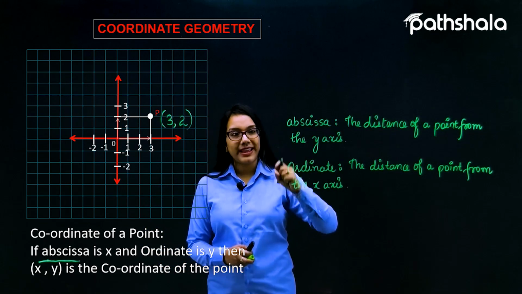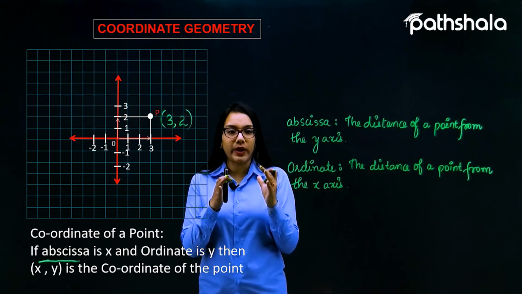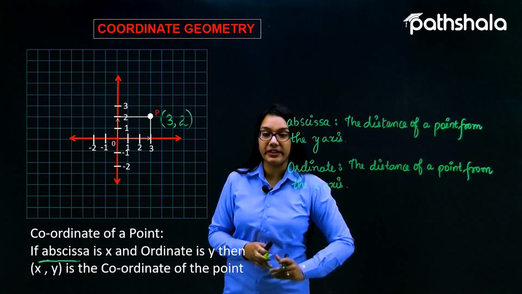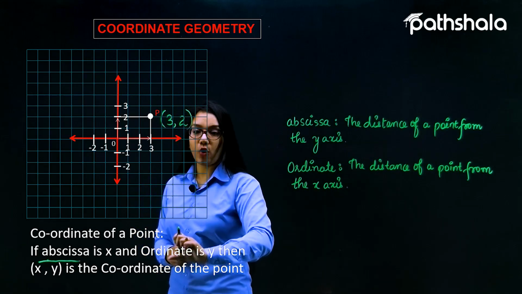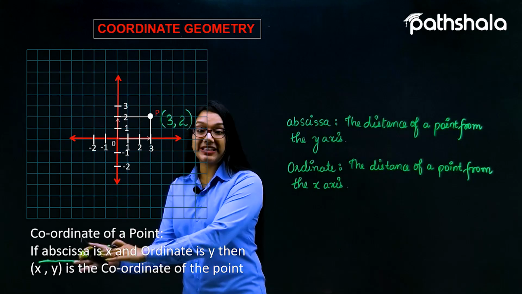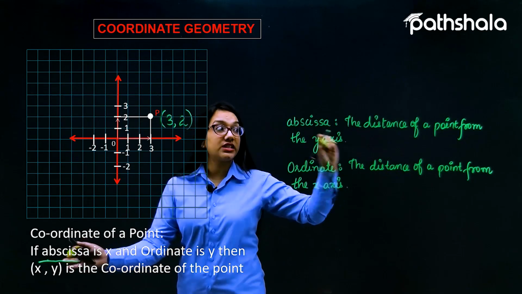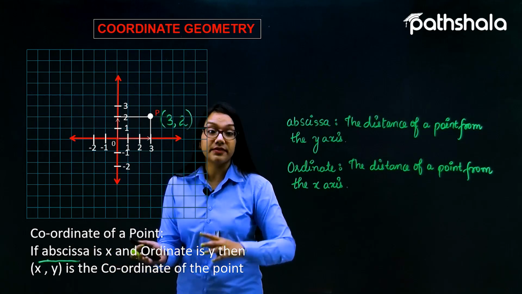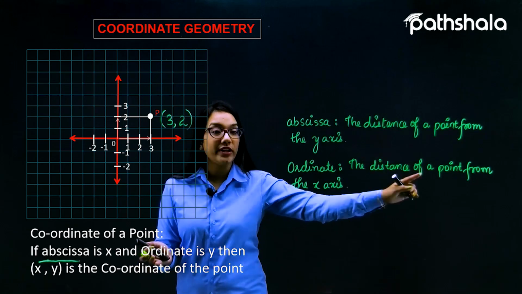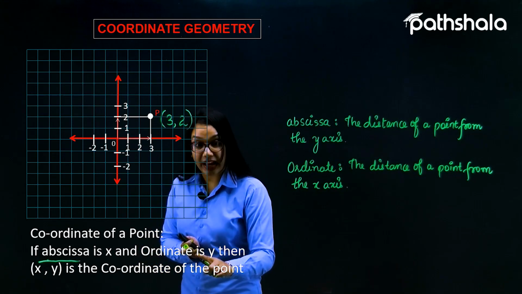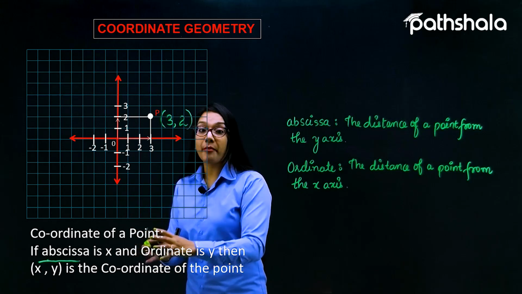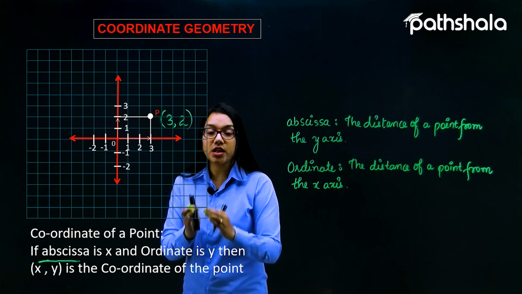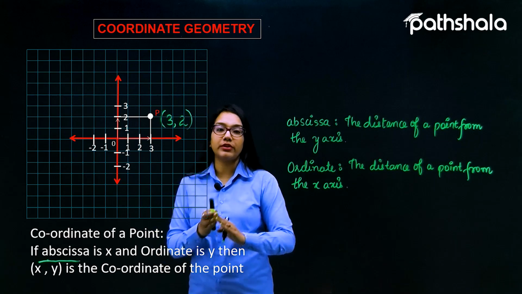Taking abscissa and ordinate together, we call it a coordinate of a point. The definition says, if abscissa is x, meaning the distance of a point from the y-axis is x, and ordinate is y, meaning the distance of a point from the x-axis is y, then x, y within a bracket is called the coordinate of the point.